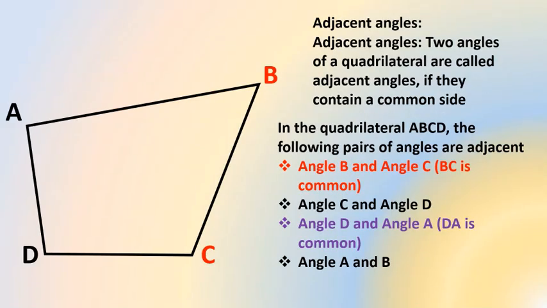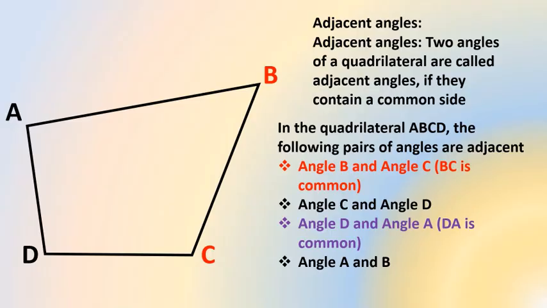Now, adjacent angles. We have studied that angles are denoted by a single capital letter. It's a corner, right? So if 2 angles are sitting together or next to each other, next vertex, the angle formed at that vertex is called an adjacent angle.